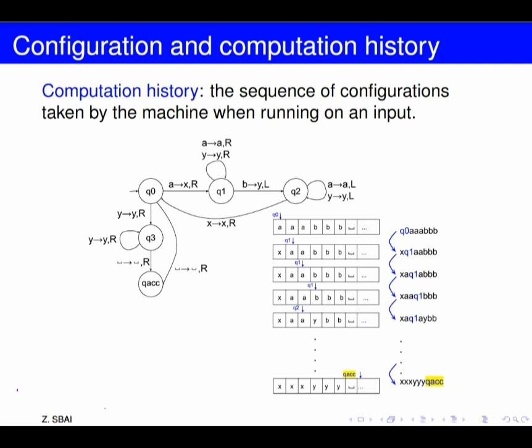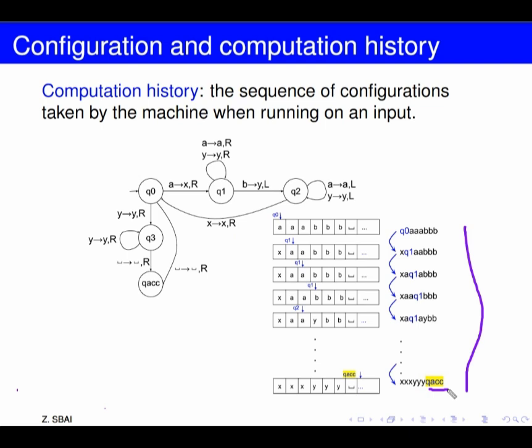So for a given input, the machine will be simulated on this input. We will be writing all the possible configurations. If the last configuration is obtained and in which there is a Q accept or a Q reject, this defines a computation.